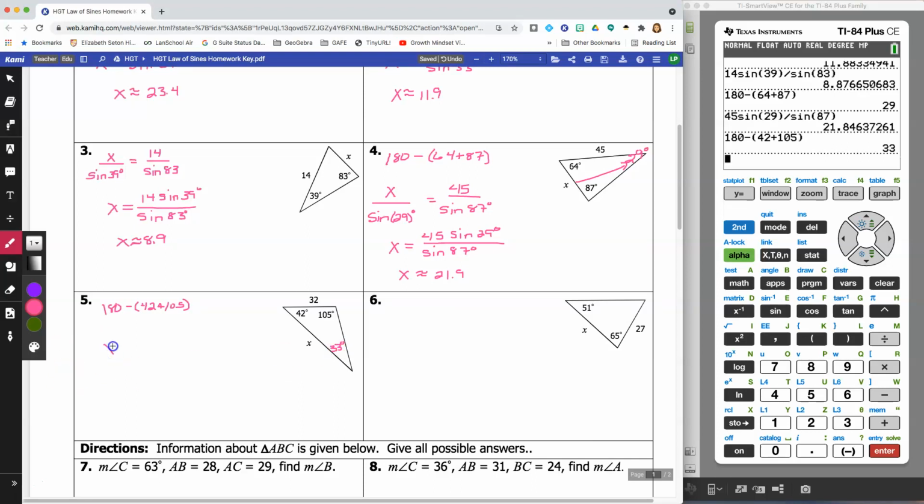So that tells me that x over the sine of 105 degrees is equal to 32 over the sine of 33 degrees. So I'm going to multiply both sides times the sine of 105. So x is equal to 32 times the sine of 105 degrees divided by the sine of 33 degrees.